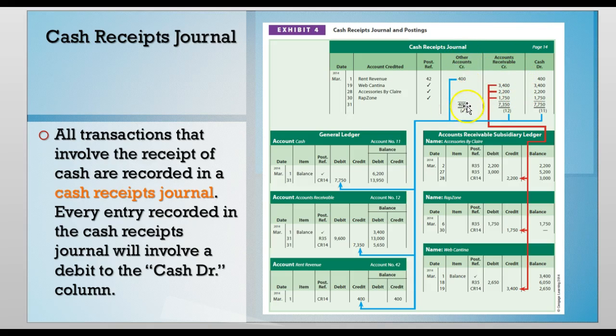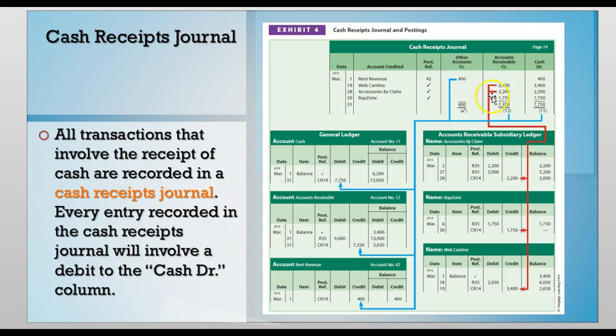You also have a column here for other accounts, like this one's rent revenue. Maybe you rent out a house or a garage or space. This column can have any number of different accounts in it, revenue accounts typically.